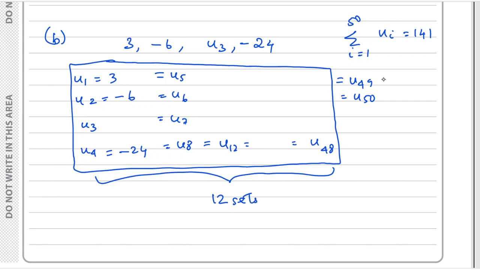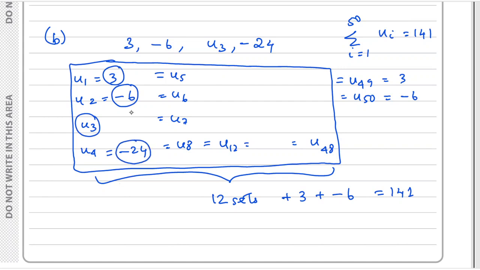U49 is equal to 3 and U50 is equal to negative 6. So 12 sets plus 3 plus minus 6 is going to be equal to 141. In one set we have 3 plus minus 6 plus U3 plus minus 24, and we have 12 sets like that. So 12 multiplied by the set, plus 3 and minus 6, gives us 141.